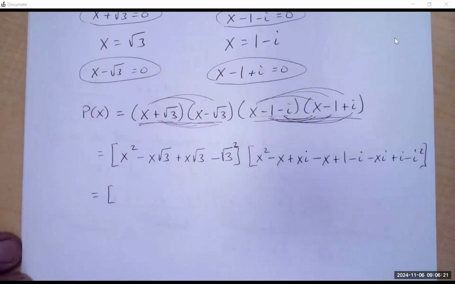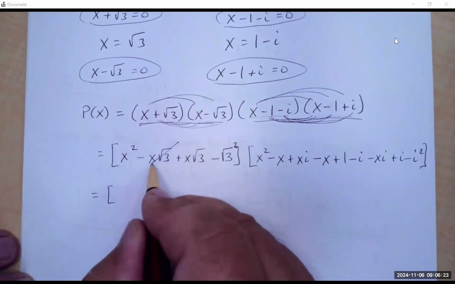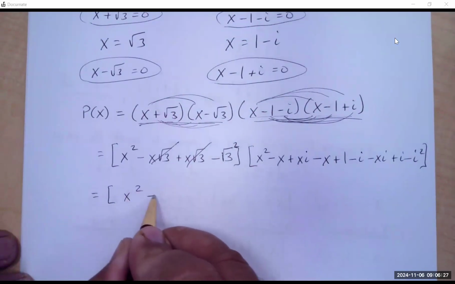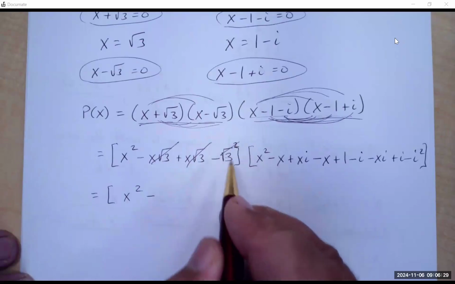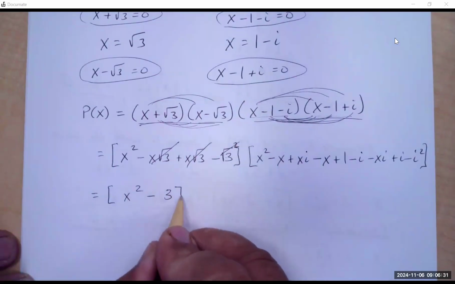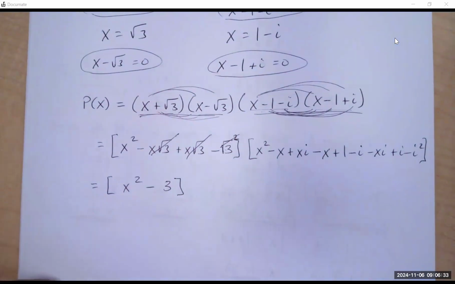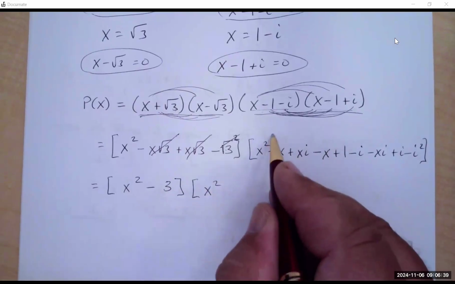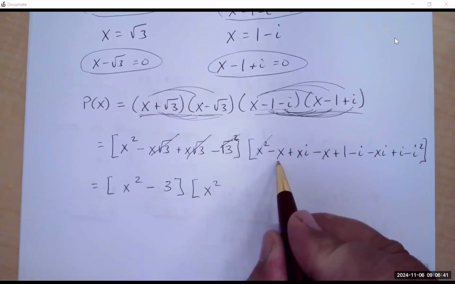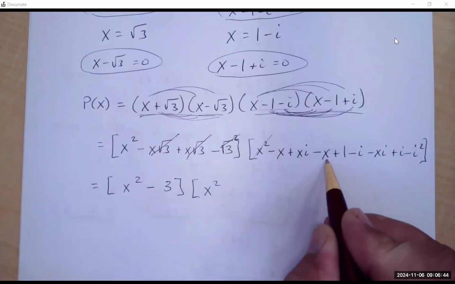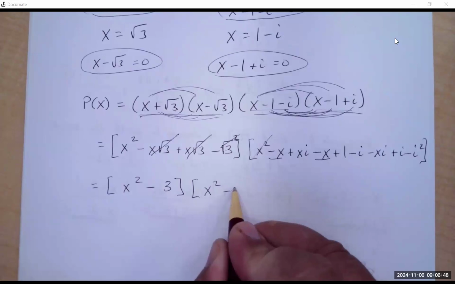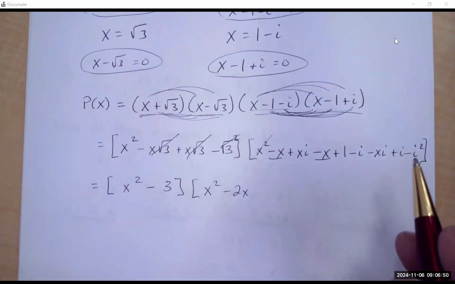Now I combine like terms. In the first bracket, these two cancel. So we have x squared. Square root of 3 squared, those cancel, so it's x squared minus 3. X squared, negative x, negative x is negative 2x.